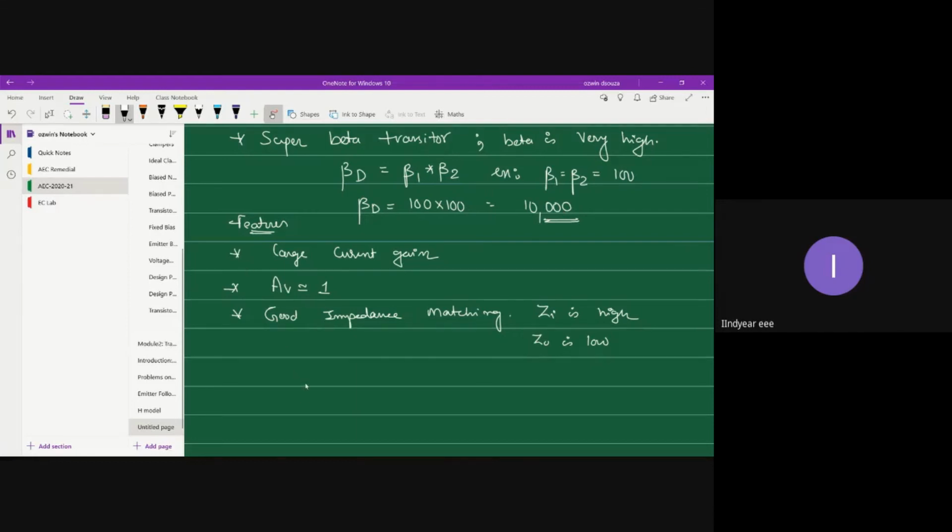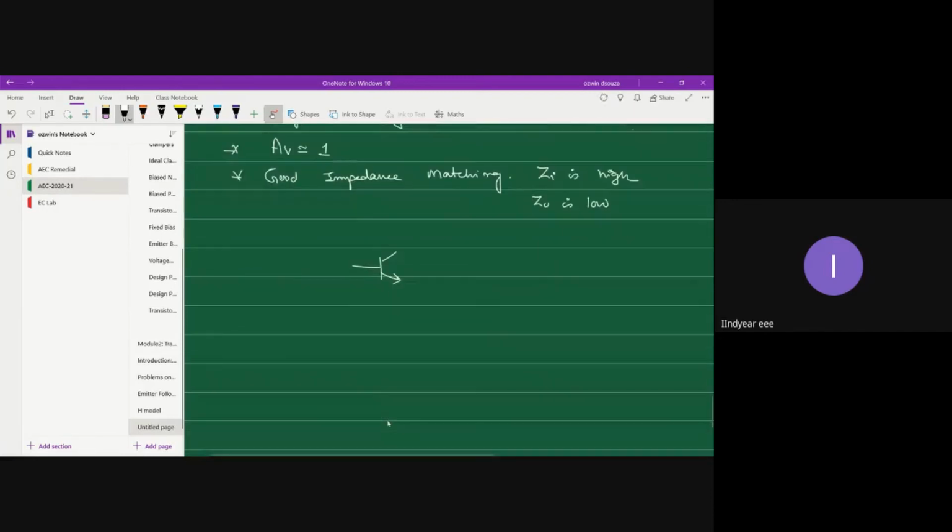So let's see how exactly it gives very high current gain. If you look at the internal circuit of Darlington emitter follower, it looks something like this. The emitter terminal of the first stage is connected to the base of the second stage, and the two collectors are connected together. And this is your base terminal.